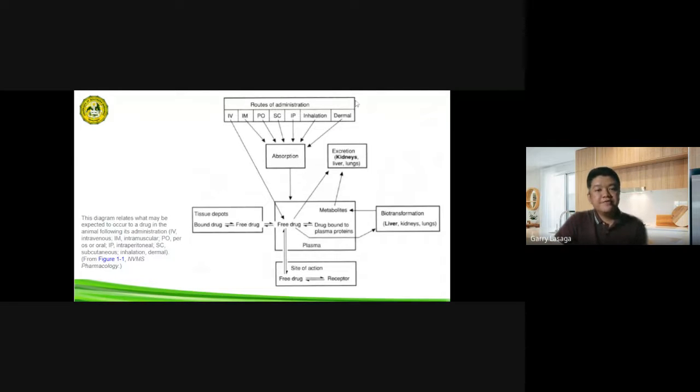Of course, there are different routes of administration that are being practiced in veterinary medicine. So we have the IV, IM, intramuscular, per oral, SC, subcutaneous, IP, intraperitoneal, inhalation, and dermal.